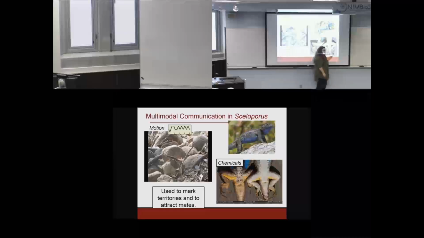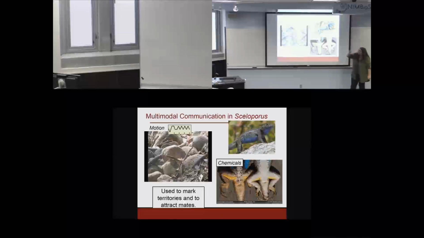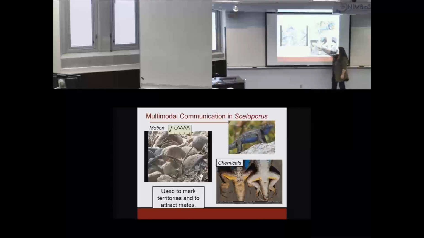The other variable that I want to look at is over here, chemical secretions. So Sceloporus, the genus name, means pores in the thighs, right? And so they're named after these pores that they have. This is a lizard turned on its back, and along its hind leg here, you can see these pores that produce a chemical secretion.